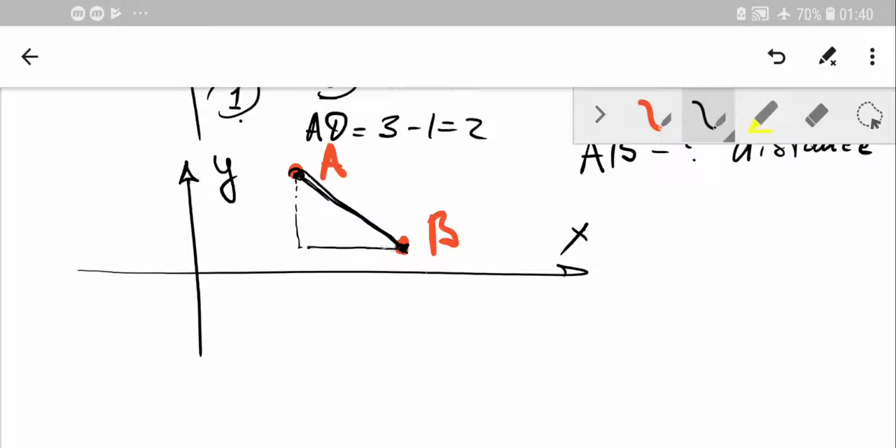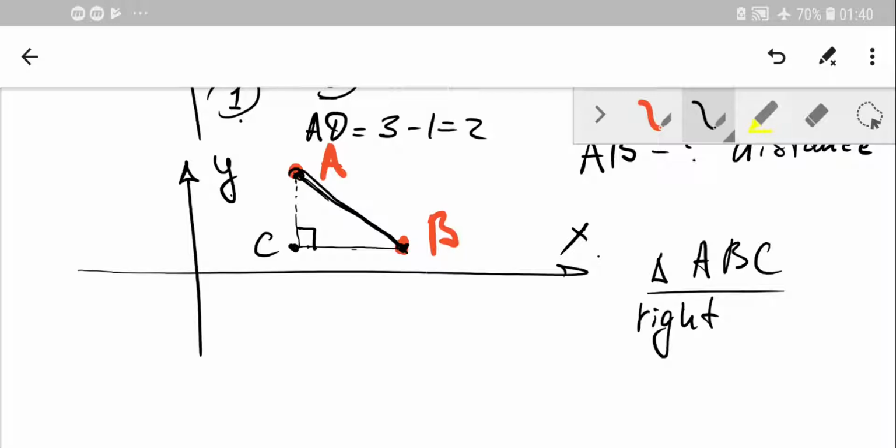However, we can say that if we draw two lines that are parallel to the x-axis and y-axis, they will intersect at some point, and they will form a 90 degree angle, or right angle. So let's say C is the point of intersection of those lines. And what can you say about triangle ABC? This is a right angle triangle, right?